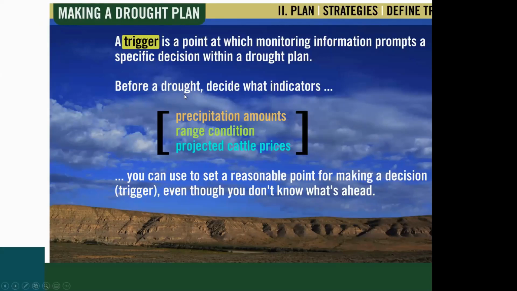In the range world, this could be things like precipitation amount, the timing of precipitation, range conditions. It could be that information combined with projected cattle prices, but basically it's outside information that can prompt you to make an assessment of the conditions and then prompt you to actually take action.